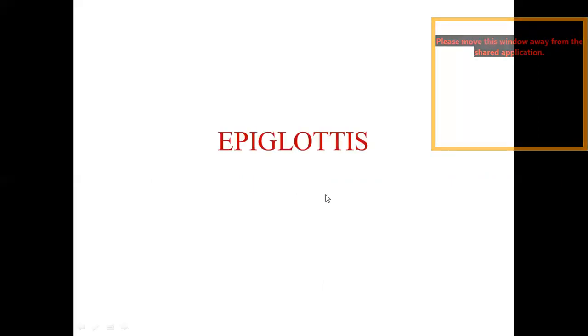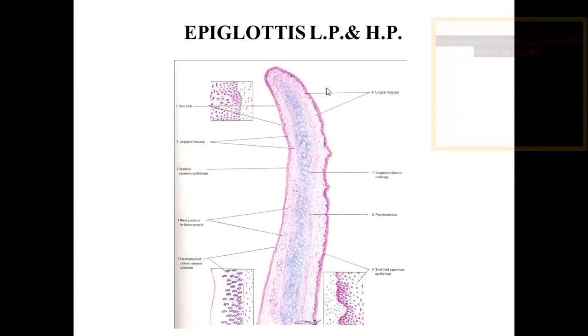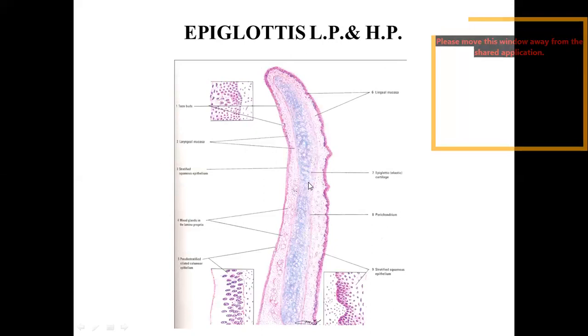First slide, epiglottis. As I said, the epiglottis is a part of the larynx, a cartilaginous structure. When you see the histology of this, you will see elastic cartilage in the center. On each side of it is lamina propria.